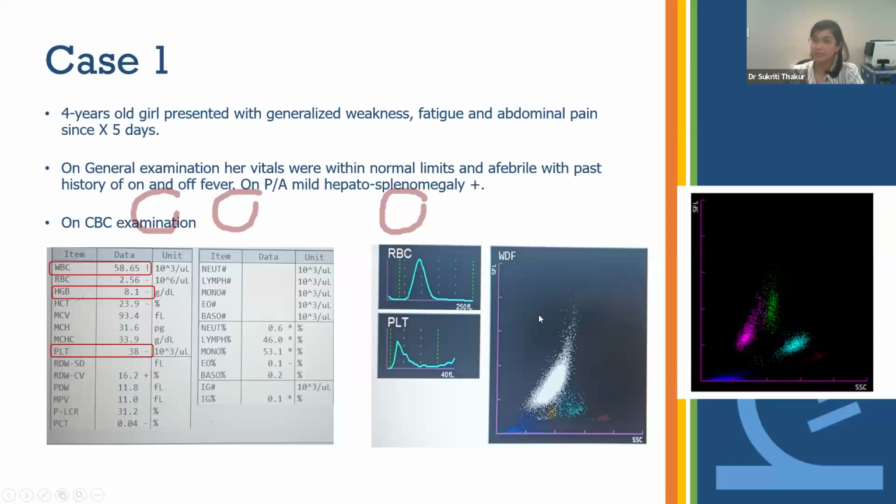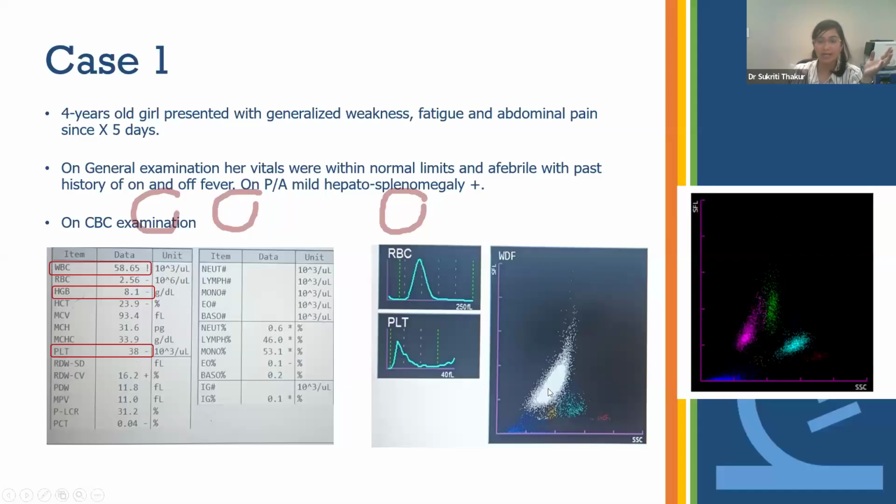So I saw this scattergram. Now, what does this scattergram help with? We can see that a normal scattergram will show us 4 populations. We can see eosinophils with a high side scatter, and we have neutrophils, monocytes, and lymphocytes, right?